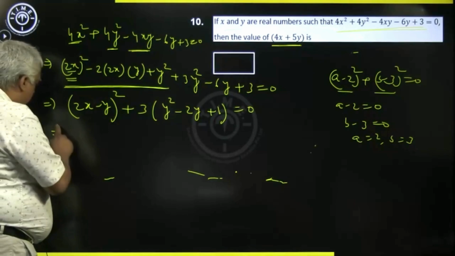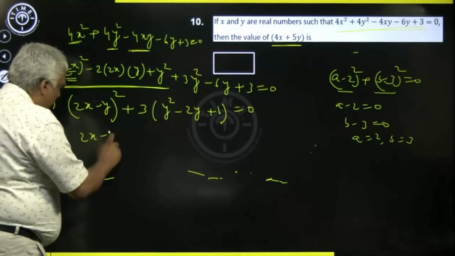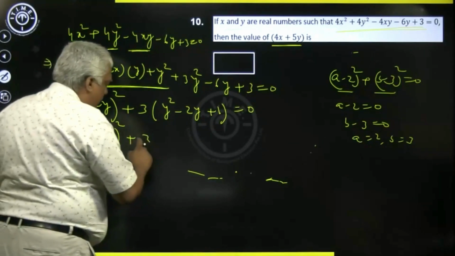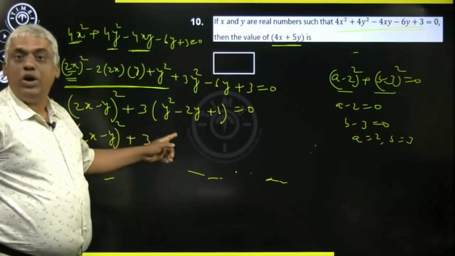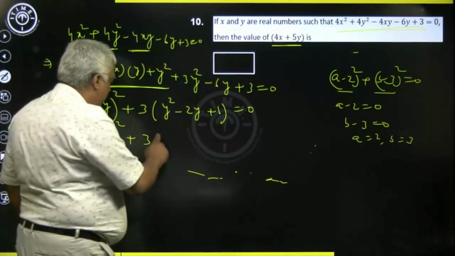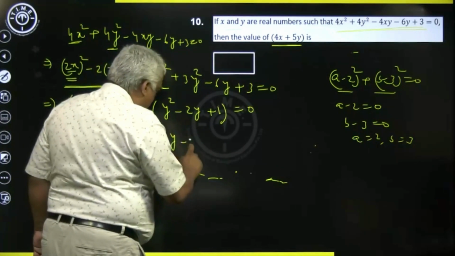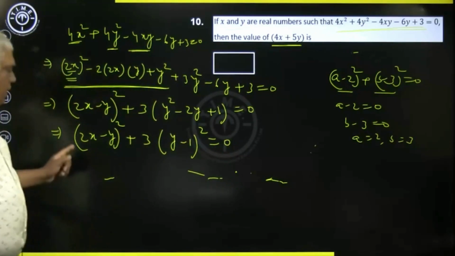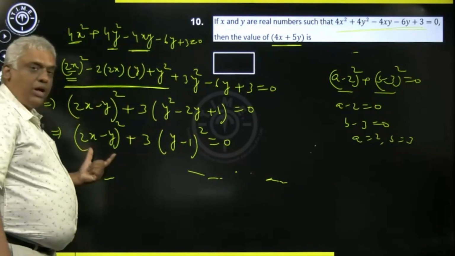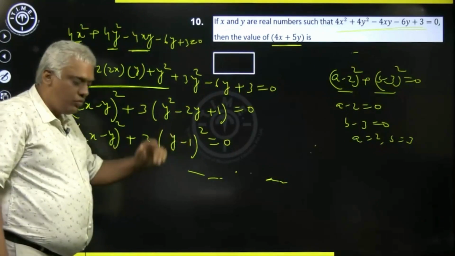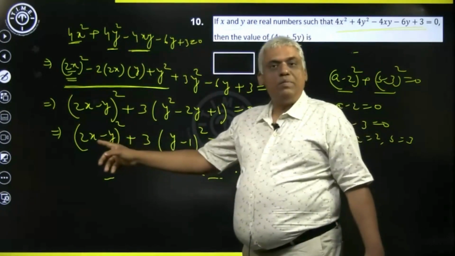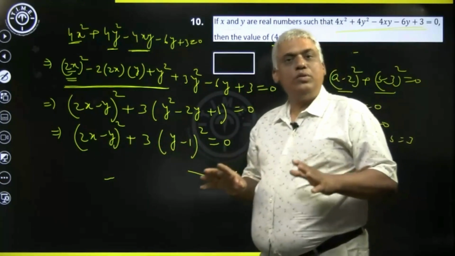Now this will become (2x − y)² + 3(y − 1)². Now, you see there is a perfect square plus 3 times another square equal to 0, right. And x and y are real numbers, so 2x − y and y − 1 are also two real numbers.